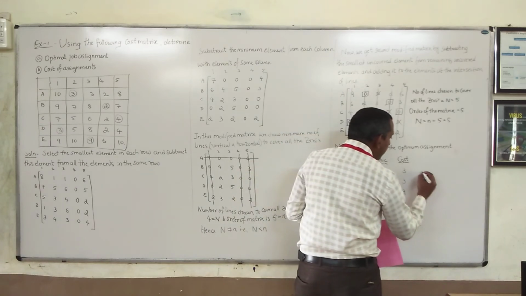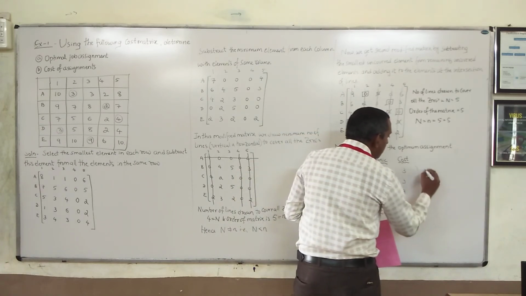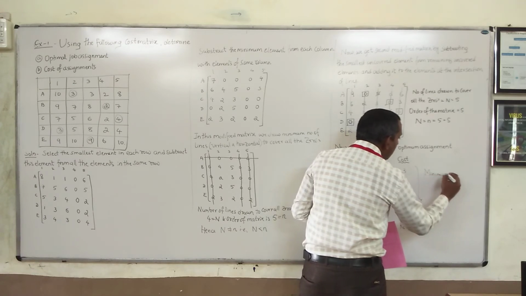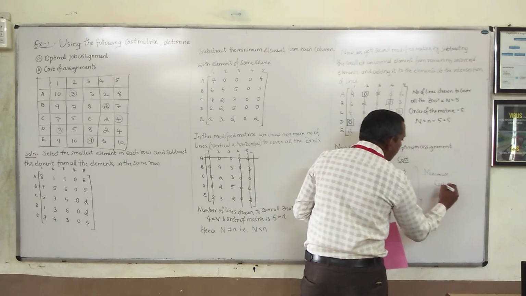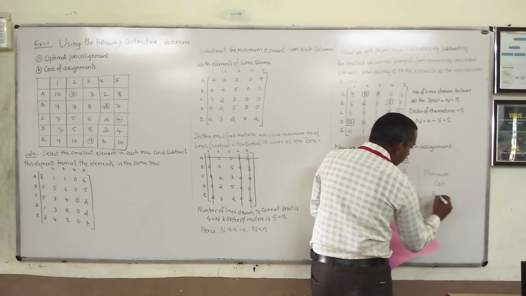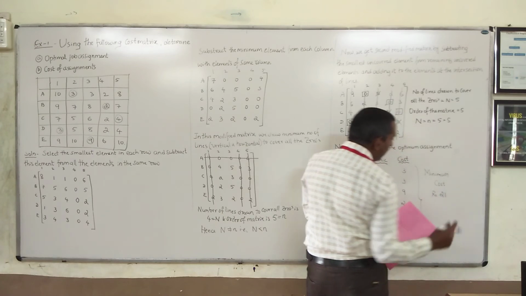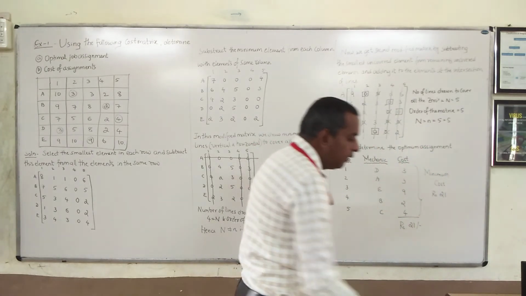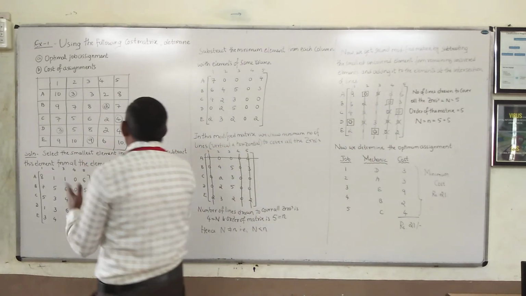So what am I supposed to write here? Minimum cost rupees 21. So we got the minimum cost of this assignment problem.